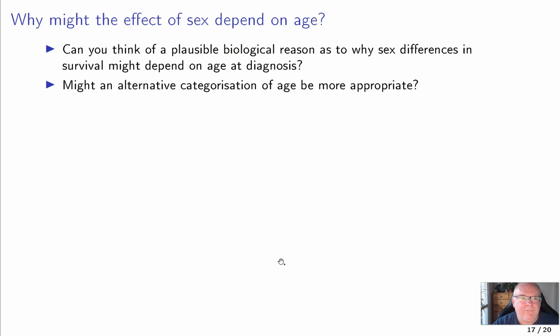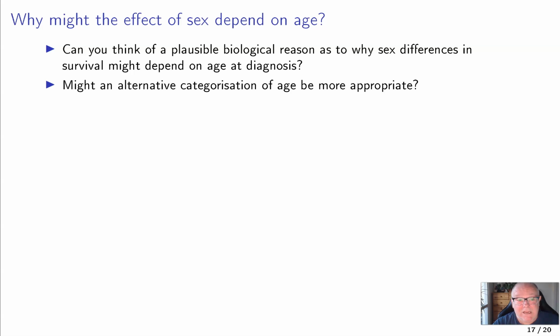Now, why might the effect of sex depend on age? Can you think of a plausible biological reason? Well, if sex steroid hormones were implicated in the reasons for the differences, then we might see differences in survival between the sexes might depend on age.